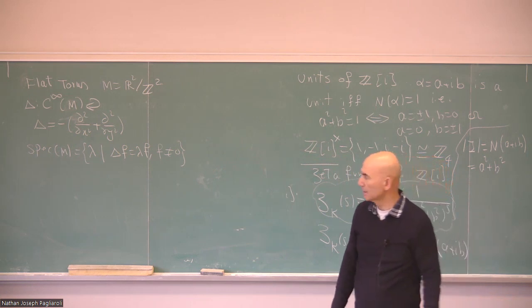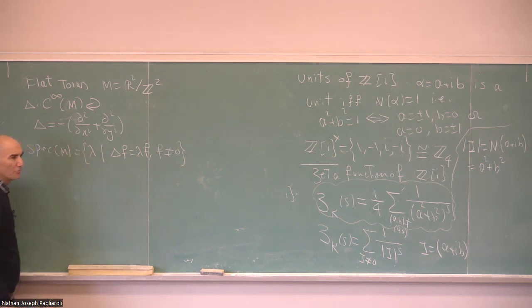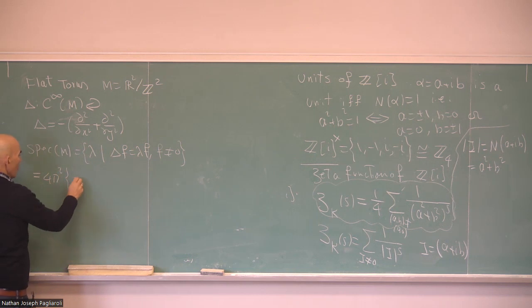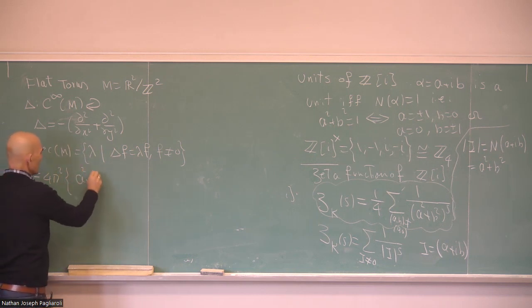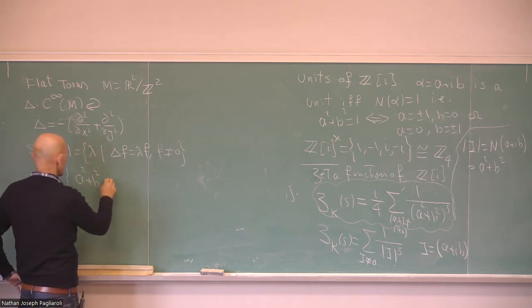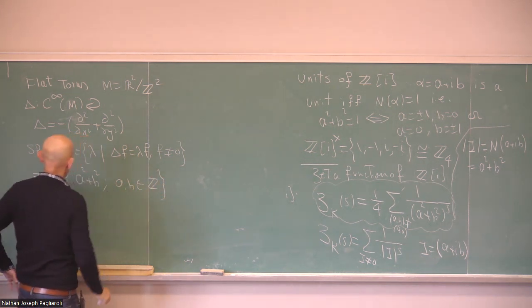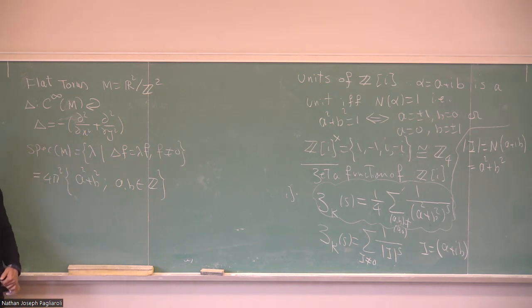You can use a little bit of Fourier series to show that this spectrum is equal to 4 pi squared times the set of all numbers of the form a squared plus b squared, where a and b belong to Z. Are you with me?